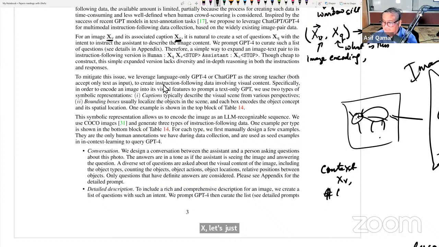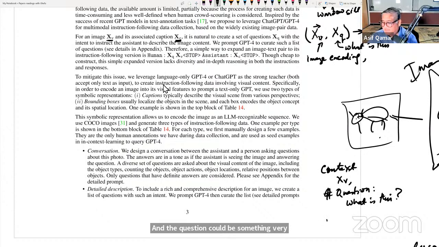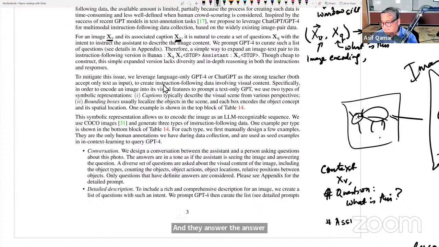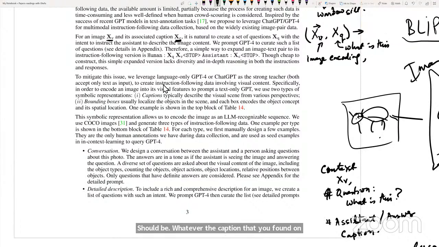If you think naively, this is the question. And the question could be something very boilerplate. What is this? And the answer that the assistant has to give, or the chat machine has to give, should be whatever the caption that you found on the web. Right? The caption. I can't see this fully.